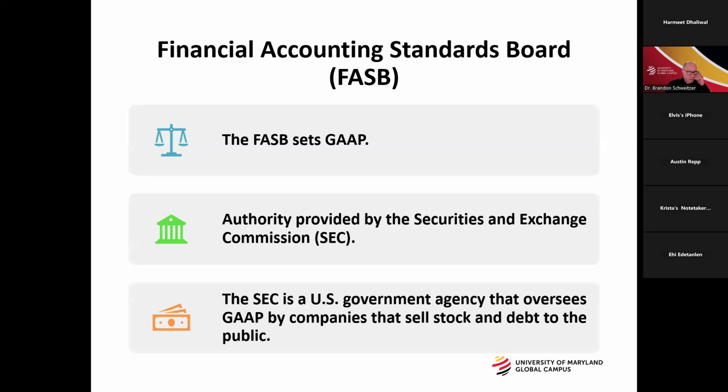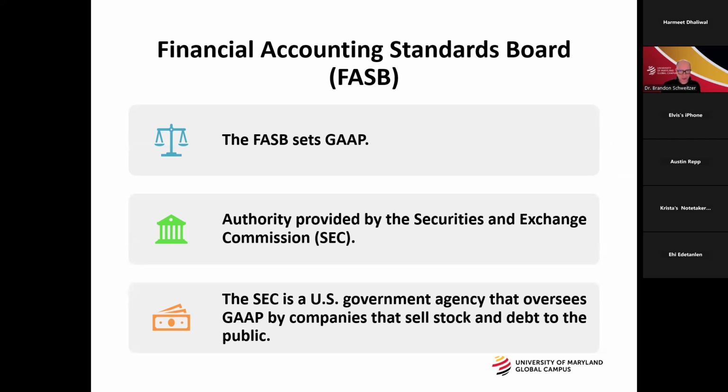In addition to the generally accepted accounting principles that we use here in the United States, other countries around the world use other sets of governing principles. In the United States, what governs our generally accepted accounting principles is the Financial Accounting Standards Board. In Washington, D.C., there is a group that composes the Financial Accounting Standards Board that sets the standards within generally accepted accounting principles.